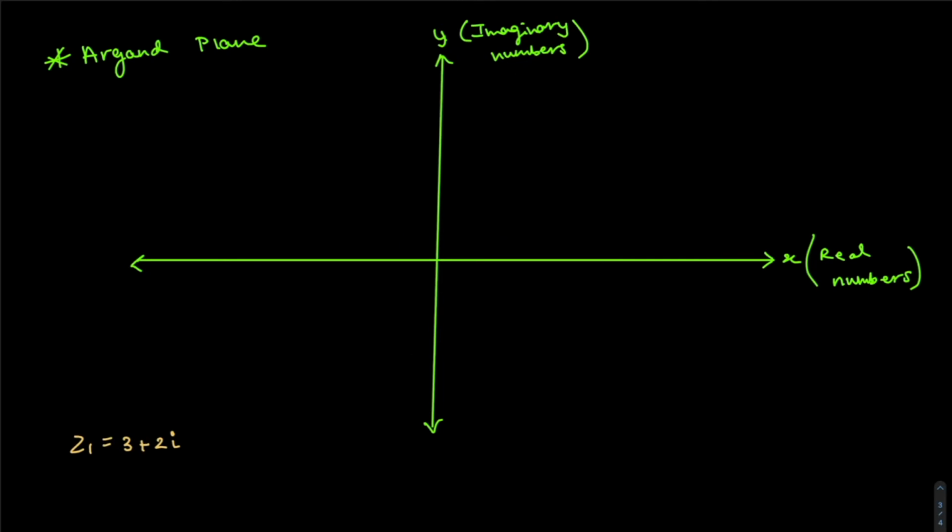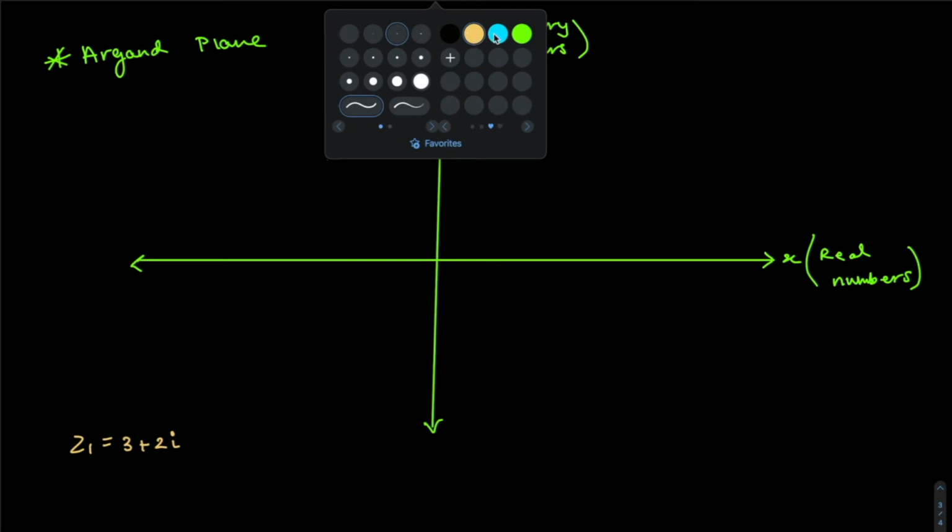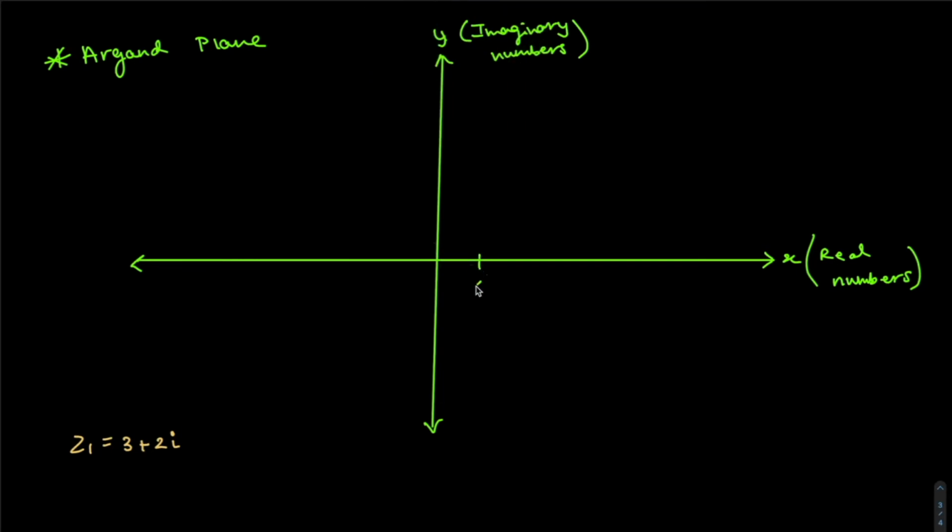Well, before, let me just set up a bit of units here as well. If we create spaces, we have 1, 2, 3, 4, 5. Similarly, we have 1, 2, 3, 4, 5, and so on and so forth.